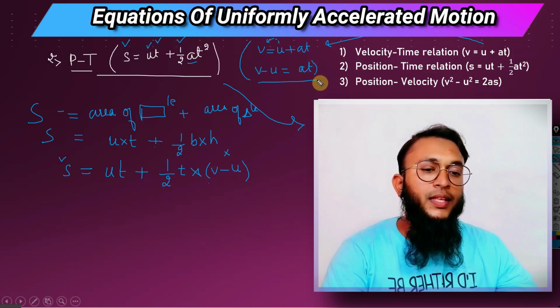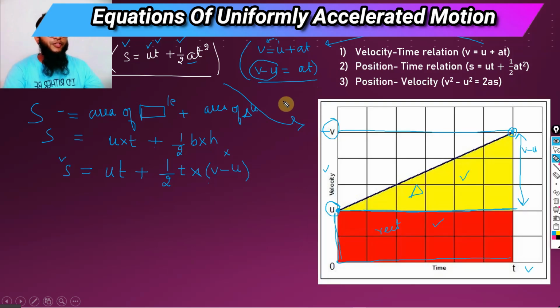That means from this equation we can substitute v minus u as at here. So instead of v minus u, I will put at. I will write S as it is, ut as it is, half as it is, time is also as it is, and instead of v minus u I will write at.